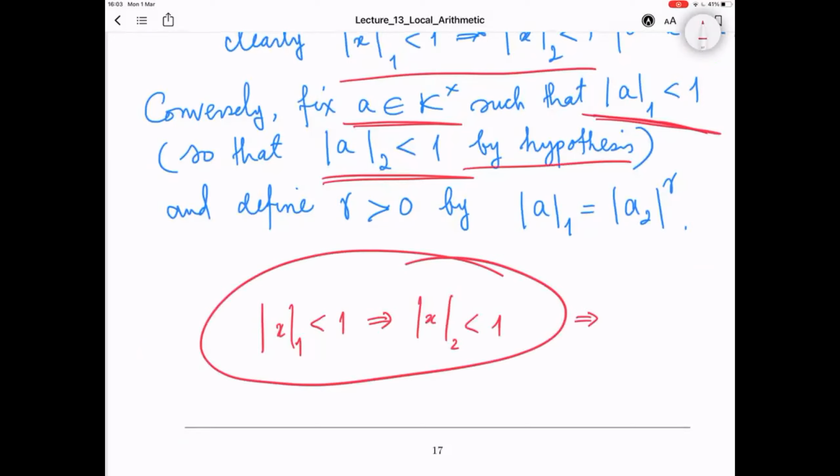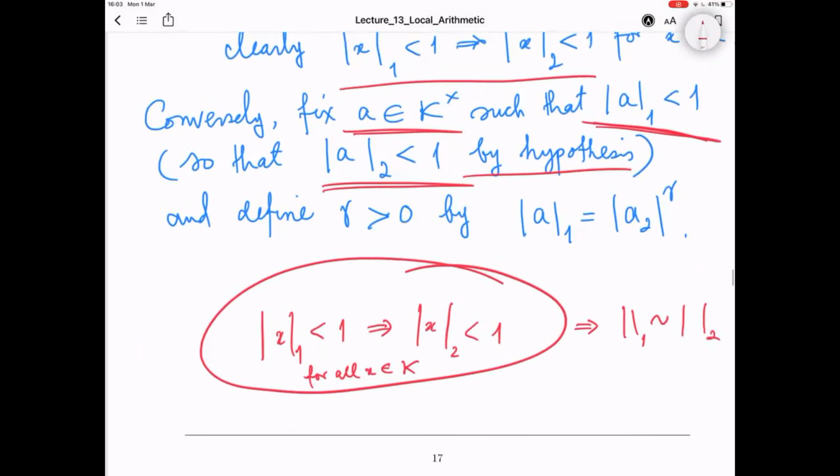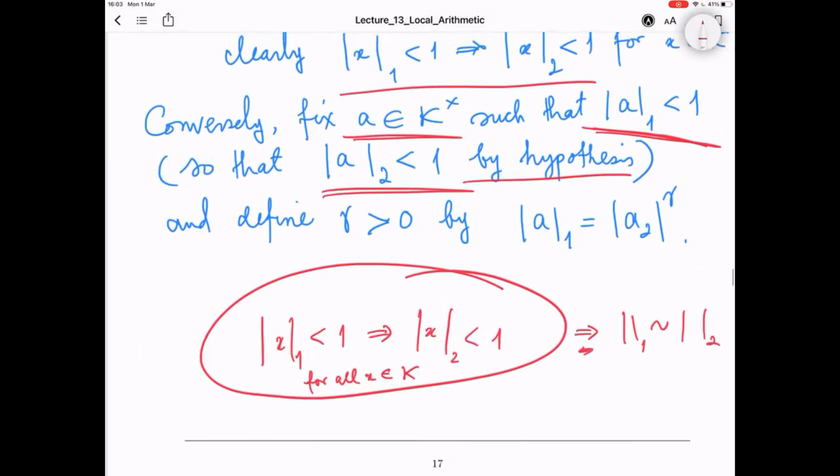What we have to show is that this is equivalent to that. Of course, this holds for all x in K. That's what we are proving. We are proving this implication.